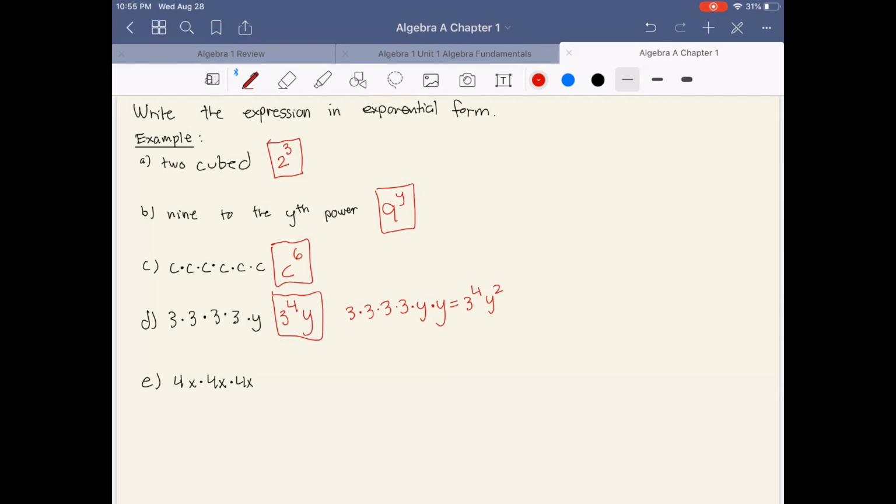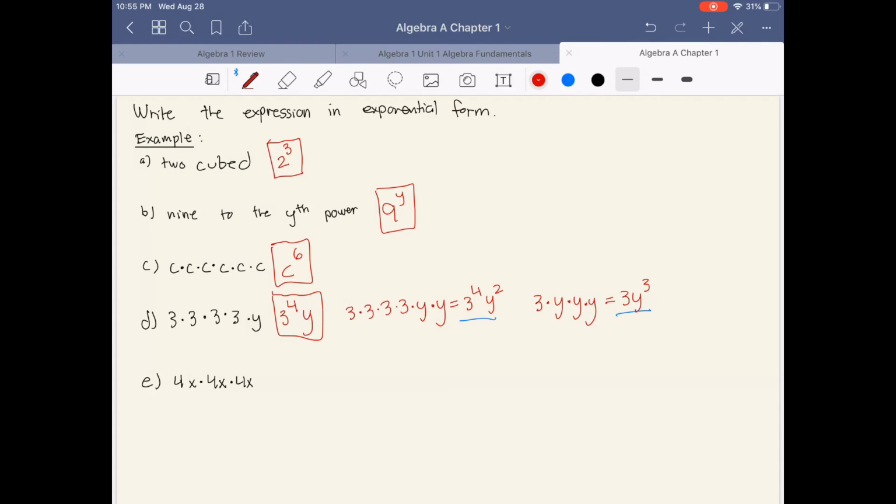Okay, easy. Now, last scenario. What if we had 3 times y times y times y? This is equal to 3 y to the third power. Okay, easy so far? Should be easy.